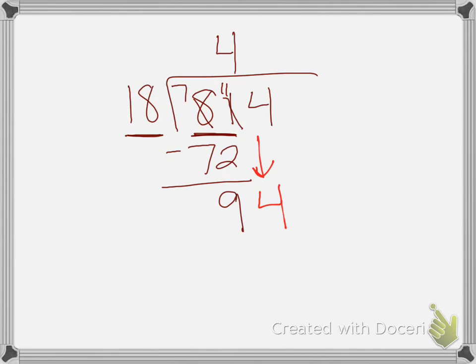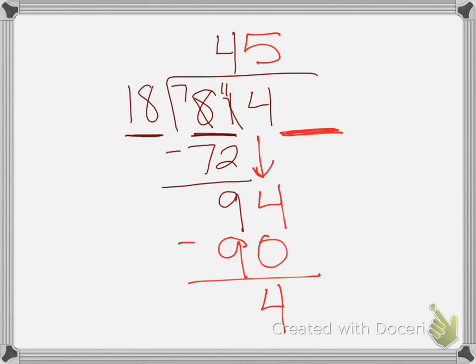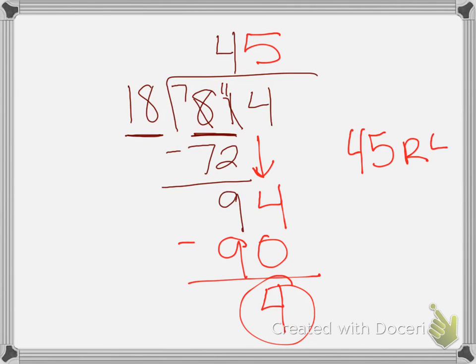So 18 can go into 94 5 times. 5 times 18, we said, is 90. 94 minus 90, 4. We have nothing left to drop down over here, so we know this is our remainder. So our answer will be 45 remainder 4.